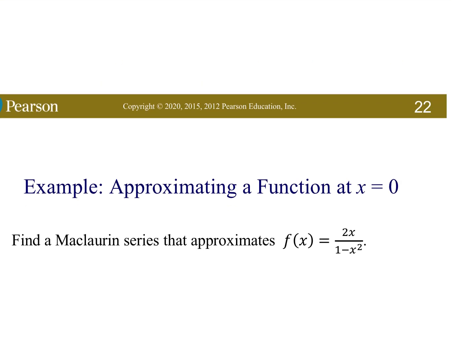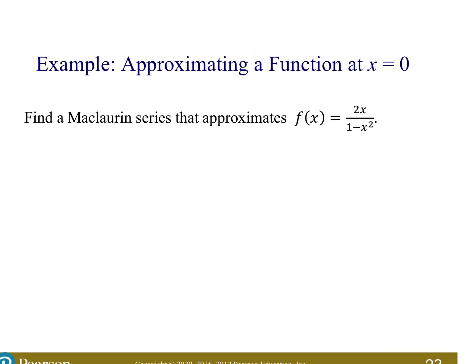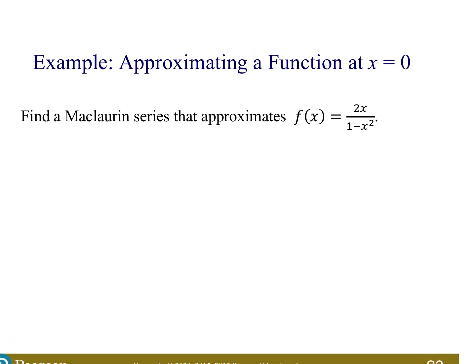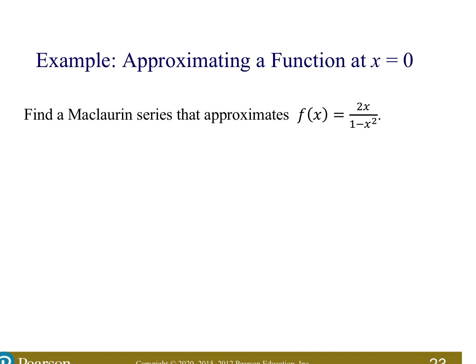Okay, let's try another one. Find a Maclaurin series that would approximate 2x over 1 minus x squared. Okay, 2x over 1 minus x squared. Okay, start with the closest thing you know, which is 1 over 1 minus a.